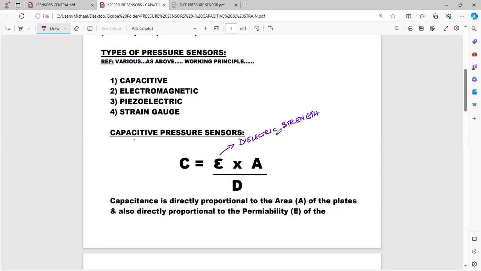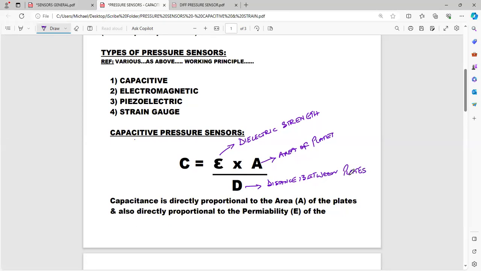A is the area of the plates of the capacitor. And D is the distance between the plates of the capacitor.